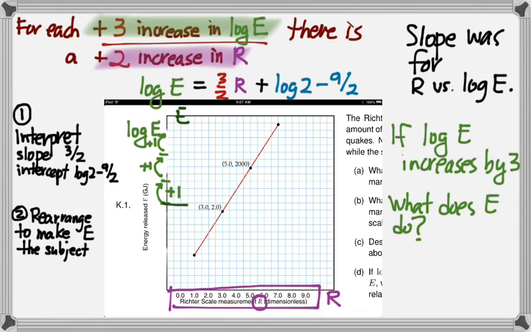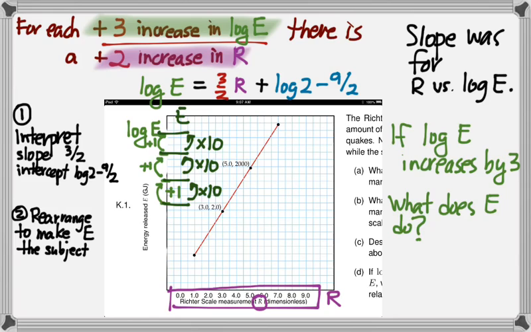I think you made this observation. On our original scale, what was separating our tick marks? Not plus 1, but times 10. So in other words, every time the logarithm, the common log of a quantity increases by 1, the quantity itself increases by a factor of 10.